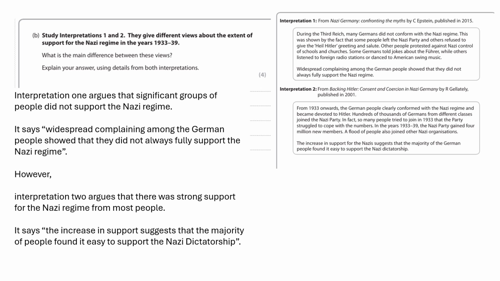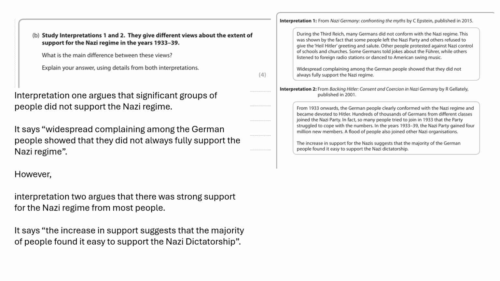Then you're going to use the word however, because that word however shows that there is a difference between the two interpretations. However, interpretation 2 argues, and again you're going to summarize that in your own words, it says, bring in a quote to prove it. And that's it, that's all you have to do.